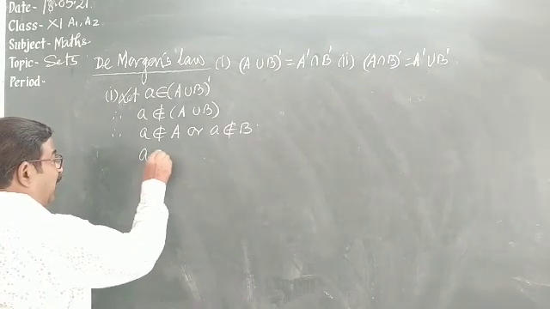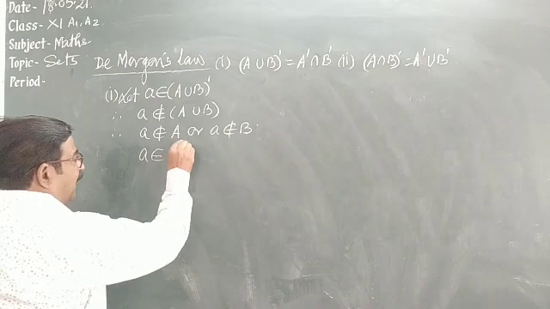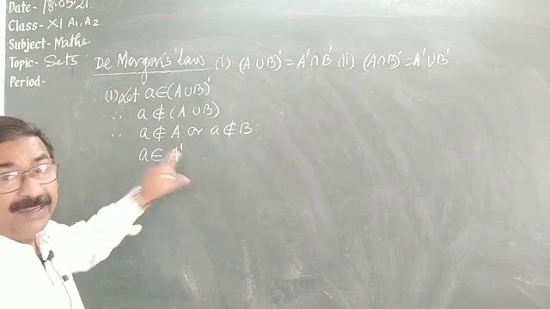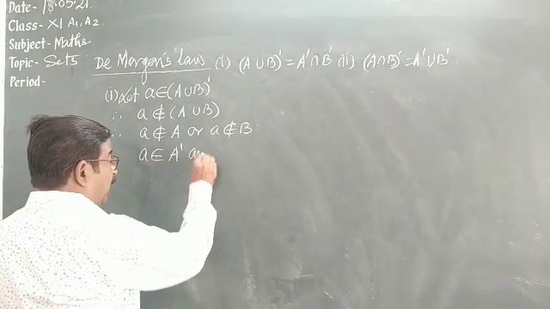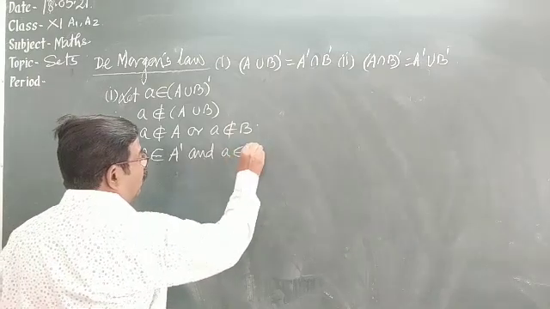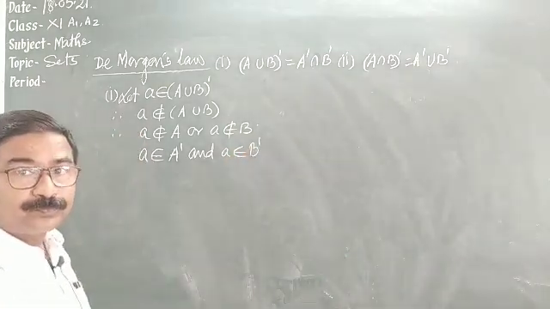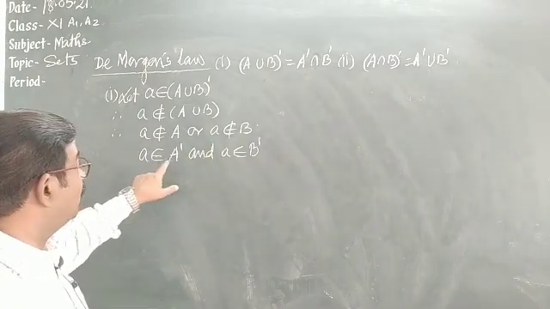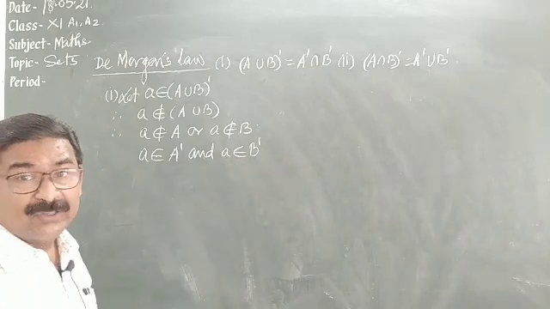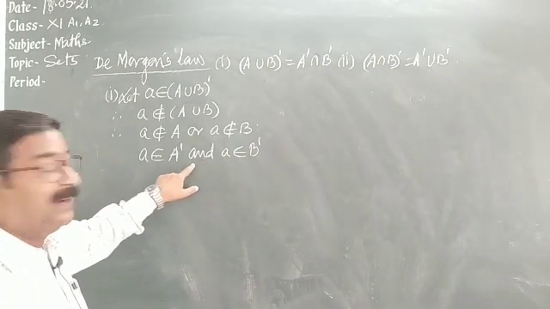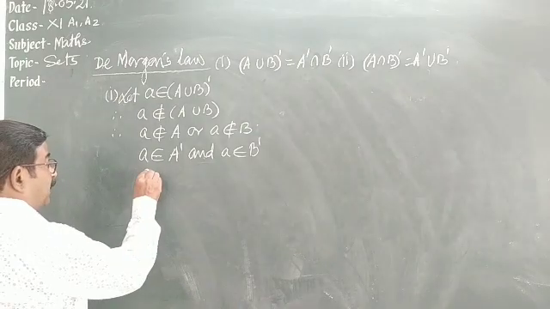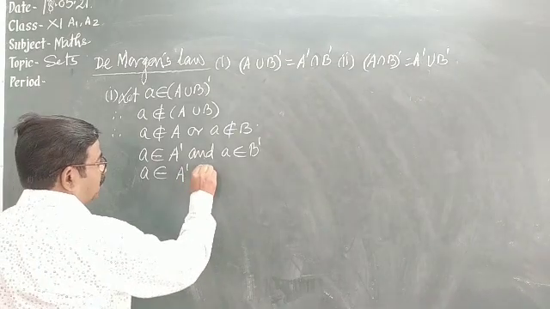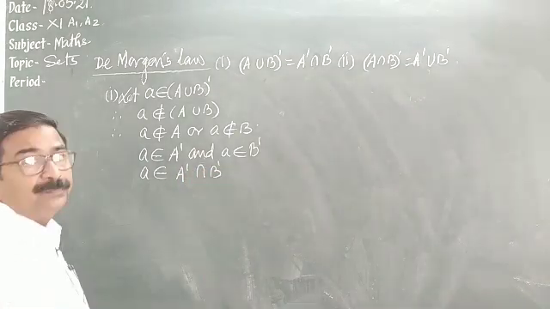So a belongs to A dash, because it is not found in A, and a is also found in B dash, because it is not found in B. So you see the word 'and' for intersection: a belongs to A dash intersection B dash.